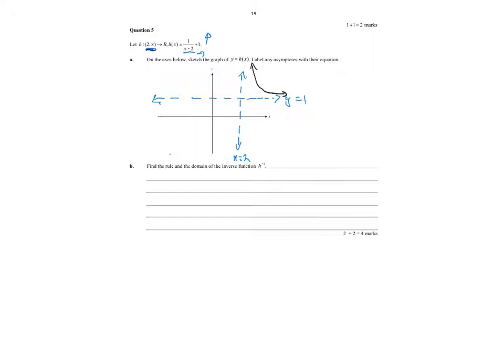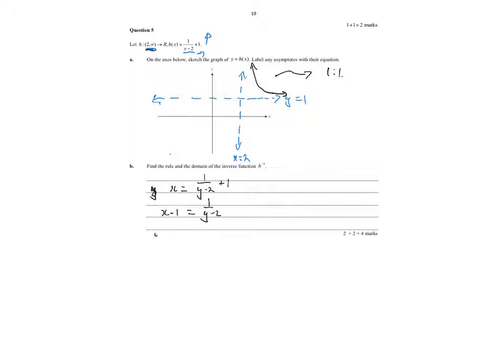All right, find the rule and the domain of the inverse function for h inverse. So clearly, that's a 1-to-1 function. So it does exist. We weren't asked about that though. So what do we want to do? Let's put x equals 1 over y minus 2 plus 1. Take the 1 across.